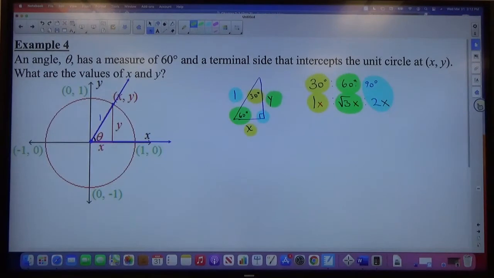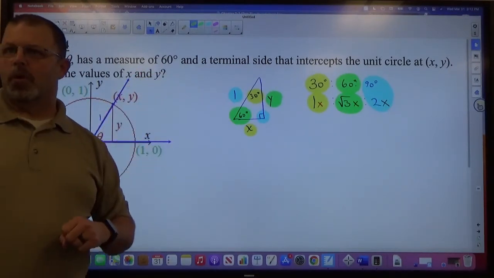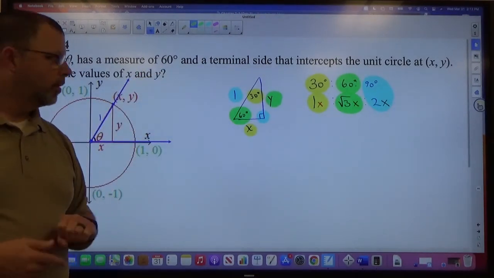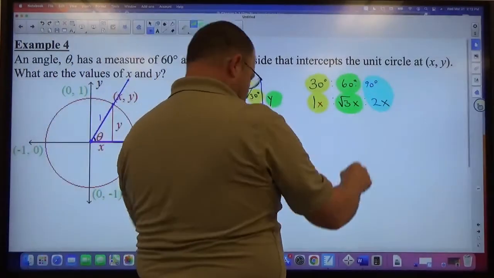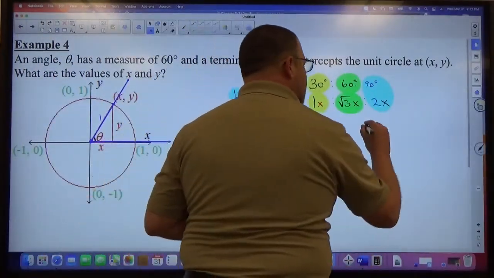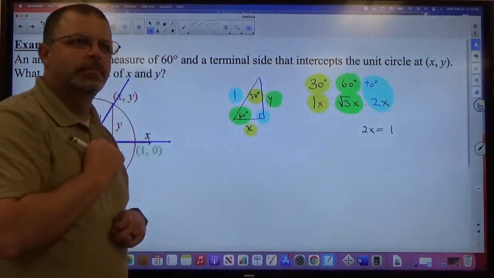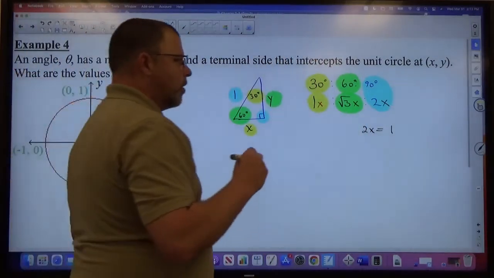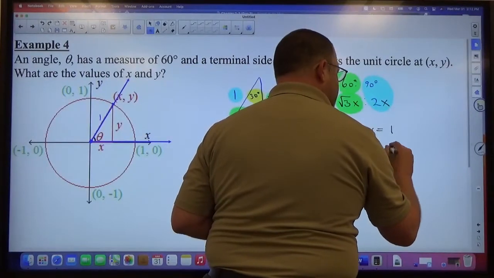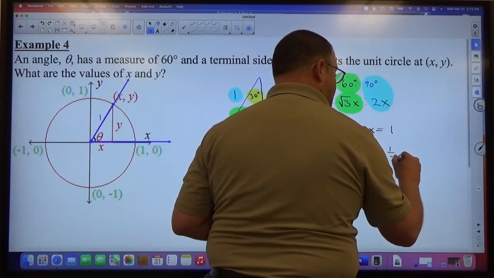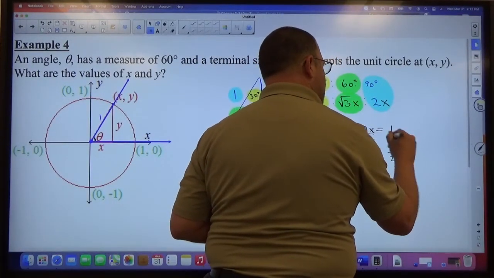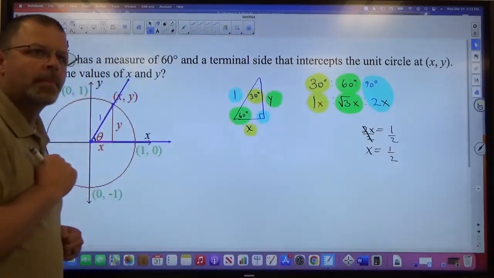So in the 30, 60, 90 triangle that we have, we know one measure. We know the hypotenuse. The hypotenuse matches up to 2x, so I'm going to write 2x equals the hypotenuse length, which means that x equals, divide by 2, 1/2. Just basic algebra there.